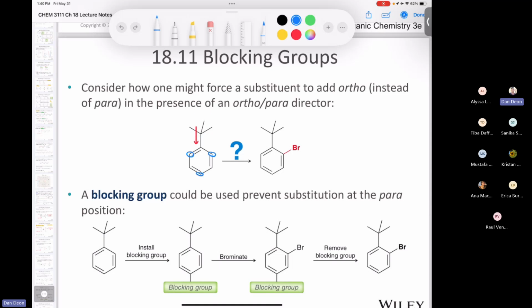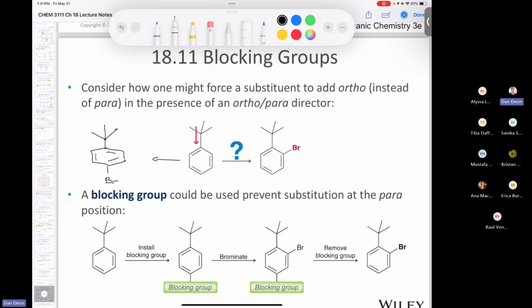A tert-butyl is big, and so you would think that if you were to treat this compound with iron and bromine, you're going to get just a whole bunch of this compound. So what would it be? 4-bromo tert-butylbenzene. That's what you think you would get, nothing but that.